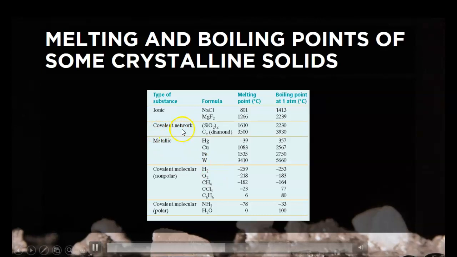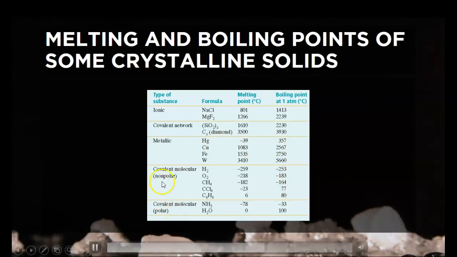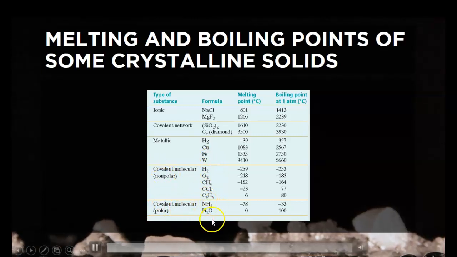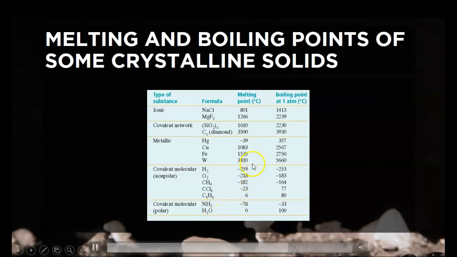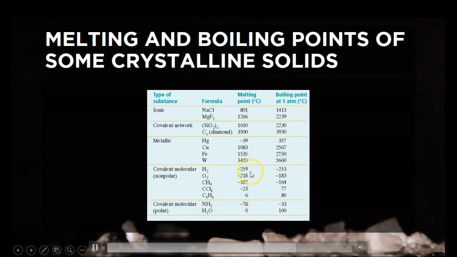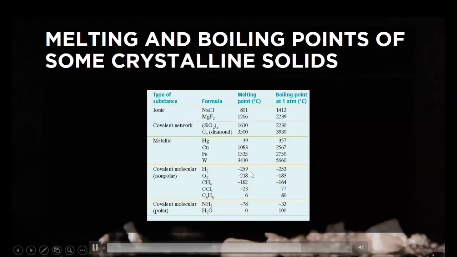We're going to talk about covalent network later. Notice they have very high melting and boiling points as well. Same with metallics. But then covalent compounds like gases, ammonia, and water have very low melting points. Water happens to be liquid at room temperature.